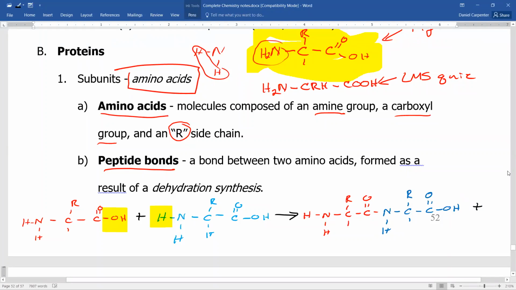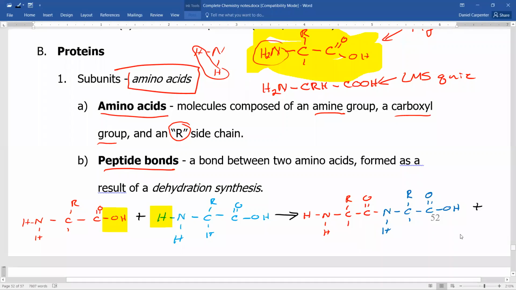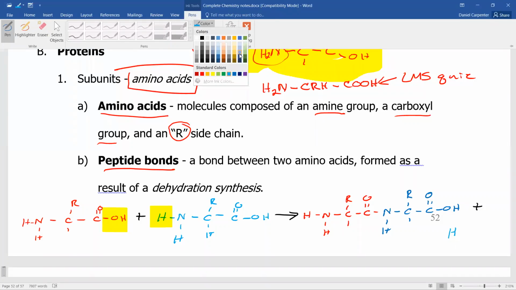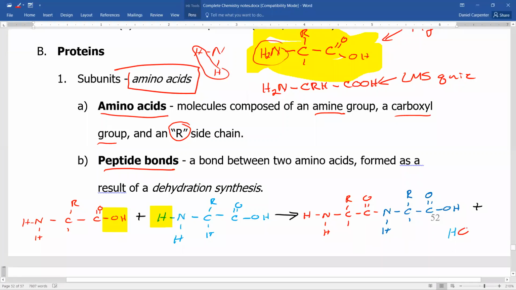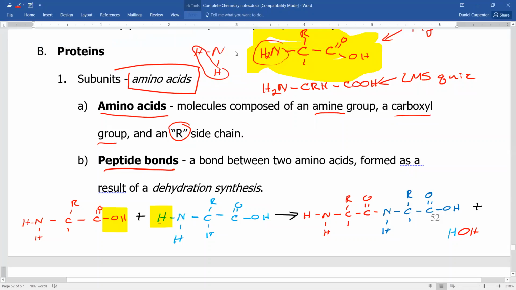So plus that blue H, changed blue shades, didn't I? And the red OH from here and here combine to make HOH, which is the same as, maybe you know this by now, H2O.